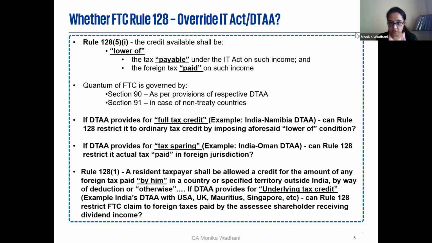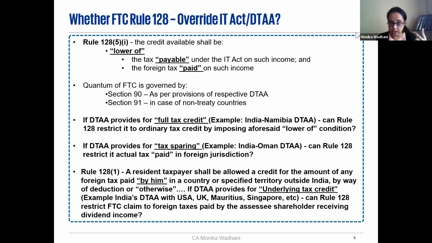Whether one can see that when there is a mechanism for computation of foreign tax credit, which is prescribed under Section 90 in case of treaty countries and in Section 91 in case of non-treaty countries, in that case, whether the computation mechanism has to be followed as per the DTAA or Section 91, or whether you have to go back and restrict your computation as per Rule 128 Subrule 5.